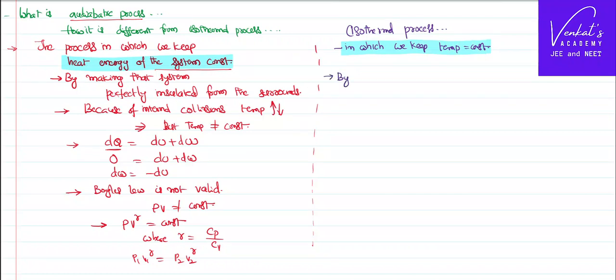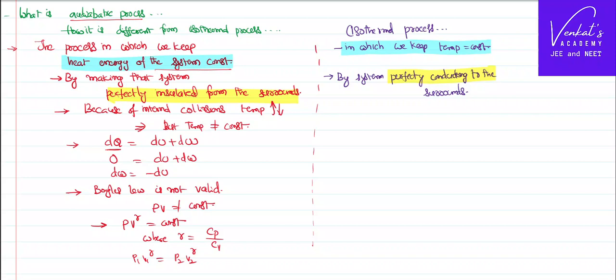Next, how do you make this? By allowing the system to be perfectly conducting to the surrounding. Perfectly conducting to the surrounding. Here, if you see, in an adiabatic process the system is perfectly insulated from the surroundings, whereas in isothermal process, it is perfectly conducting to the surroundings.